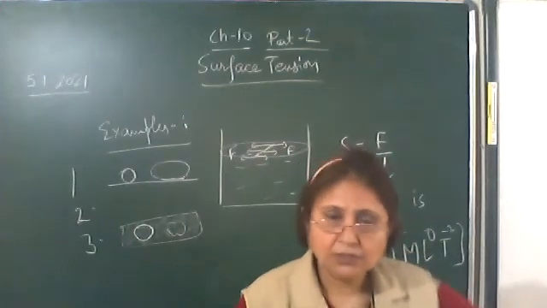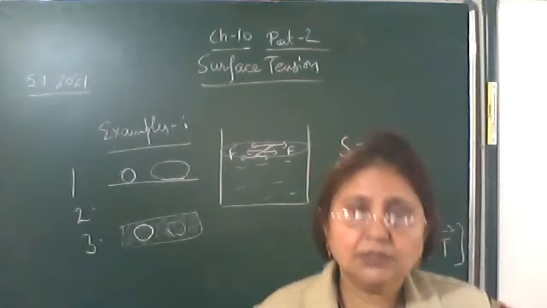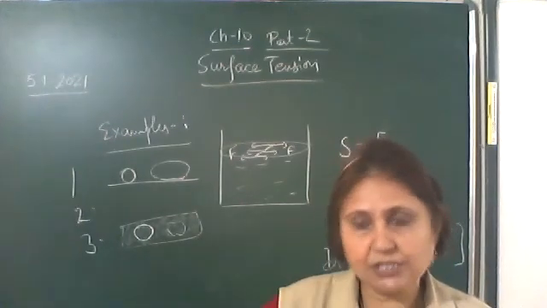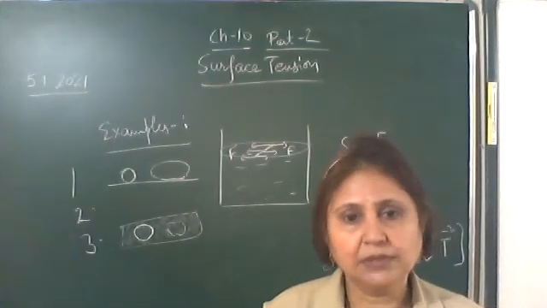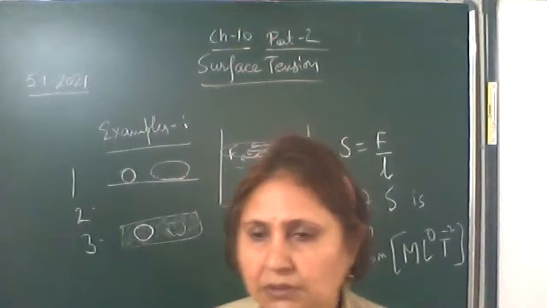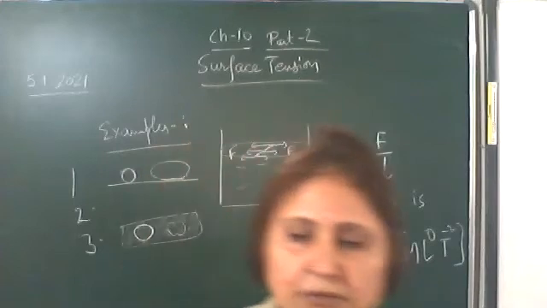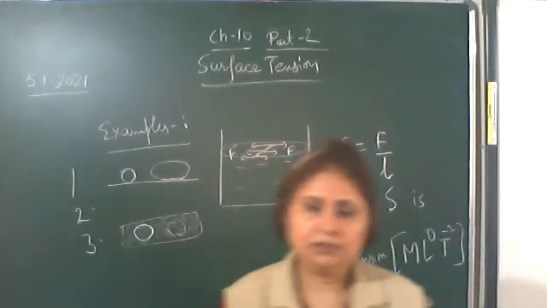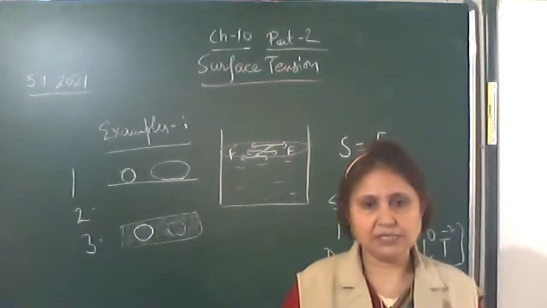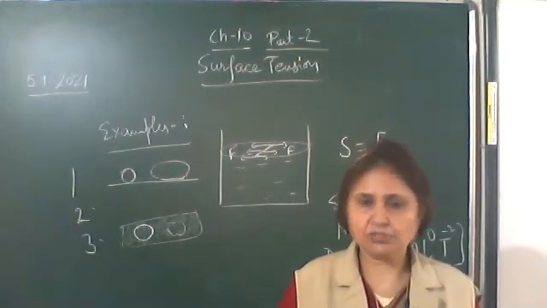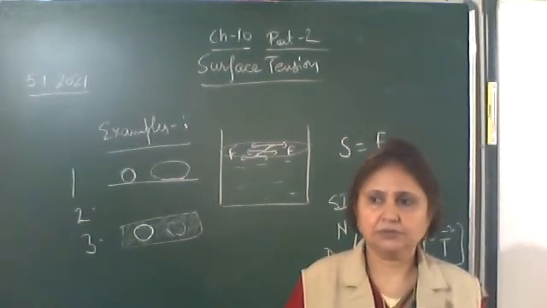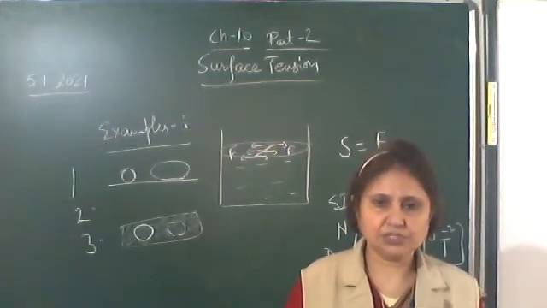So write down: a thread kept on a soap film acquires circular shape, because of surface tension.